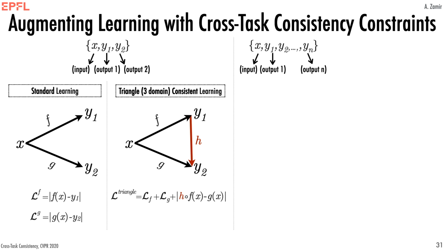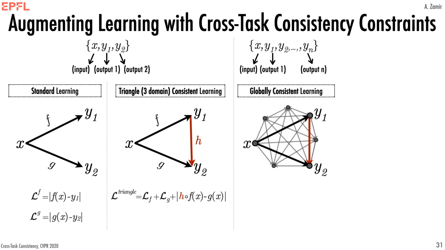Now, this was an elementary case. This is about a triangle because it only operates over 3 domains. If you have a larger dictionary of tasks that you're interested in predicting, you end up with something like this. You end up with a graph. And the first thing that you can do is extend the triangle concept to a path concept. So here, instead of going from X to Y2 using the upper part of the triangle or the lower part of the triangle, you can do that via the blue path or the green path.